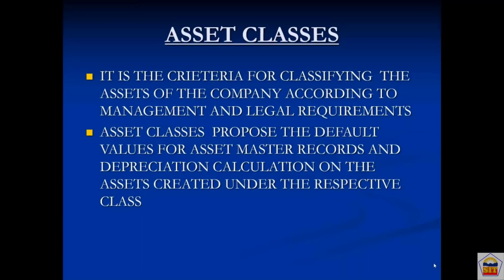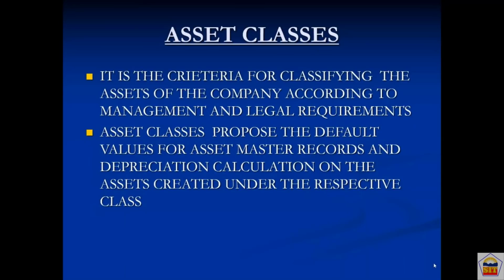It means that whenever you are creating any asset class, we will have two parts. One is the asset master data record, and second is the depreciation calculation. In the asset master record, you will have the name of the asset, description of the asset, then you will also link the GL to which the value of this asset is to be recorded.